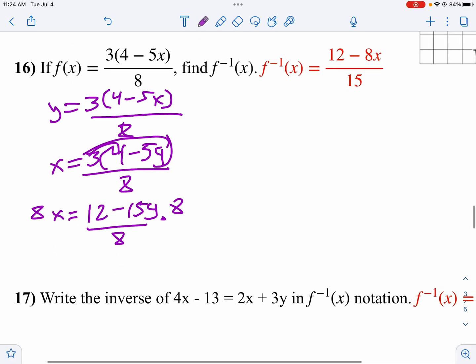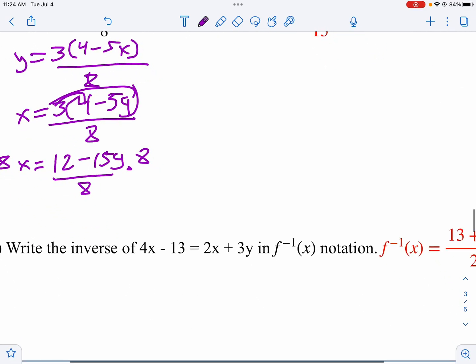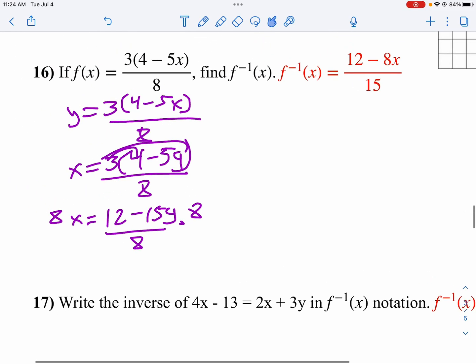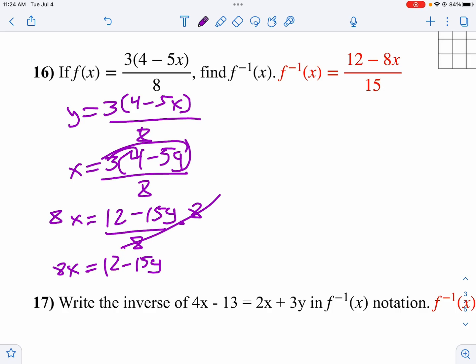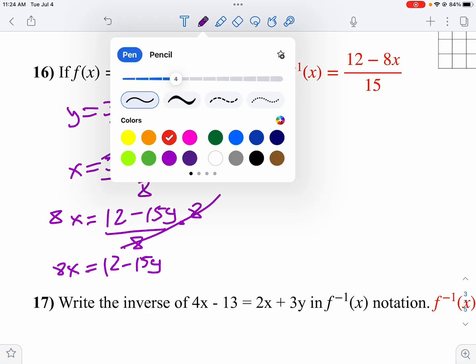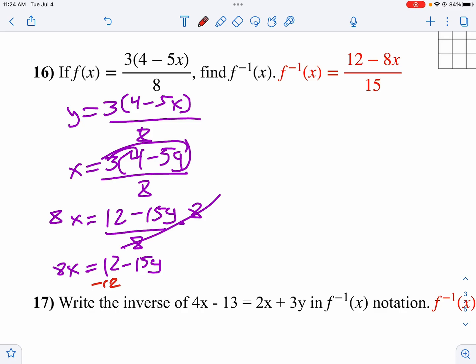Then I'll get 8x equals 12 minus 15y, because notice my 8's reduce. Then I'll subtract 12 from both sides. So then I'll get negative 15y equals 8x minus 12. Then I'll divide everything by negative 15.